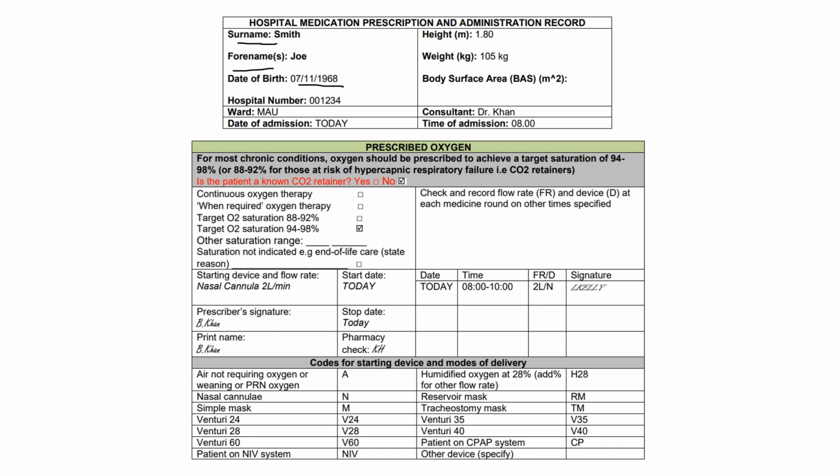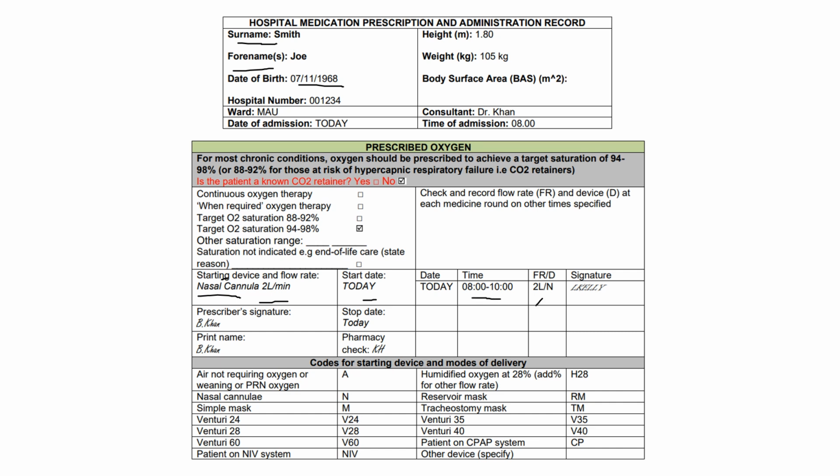And prescribed oxygen: the target oxygen saturation for the patient is between 94 to 98 percentage, and the device we are using is nasal cannula, and the flow rate is 2 liter per minute, and start date is today, and the time is 8 to 10 a.m.